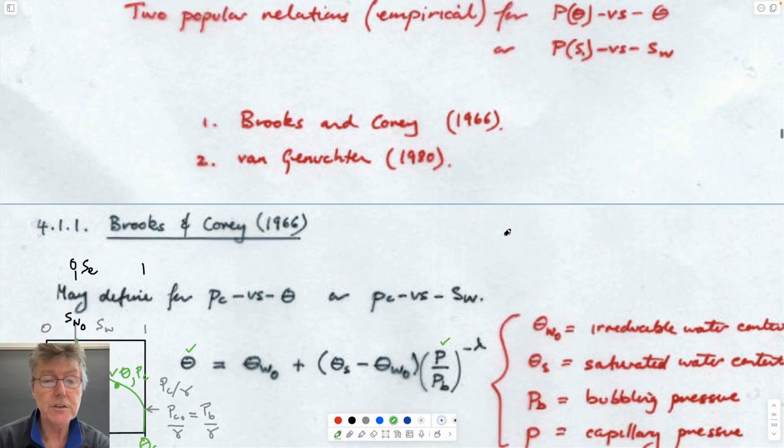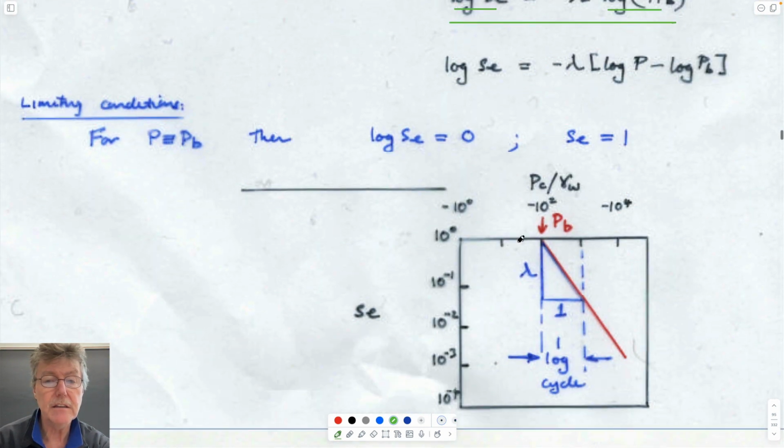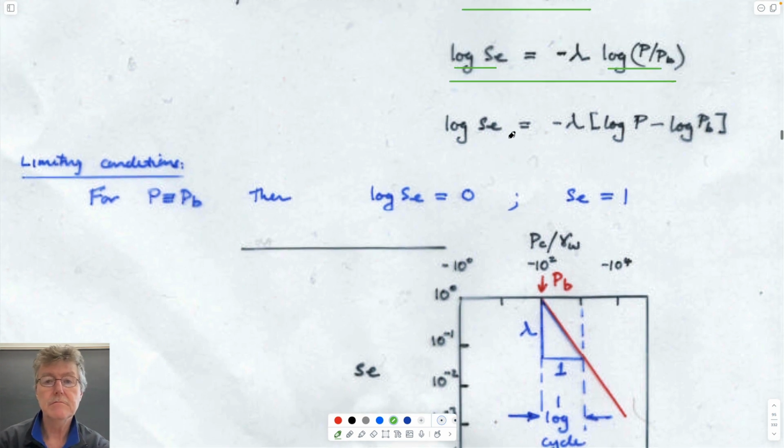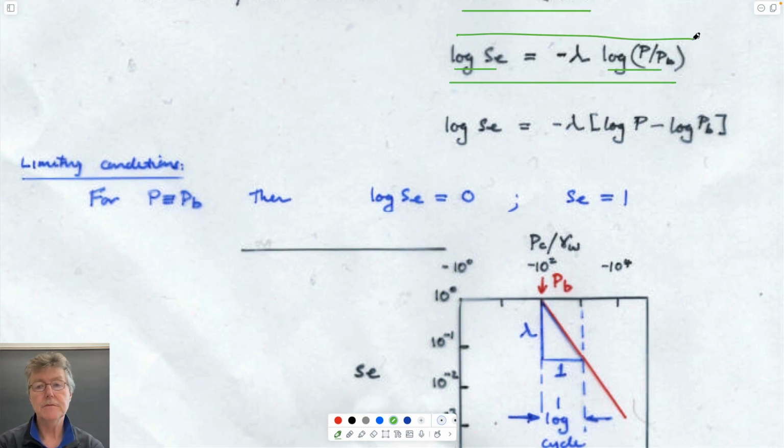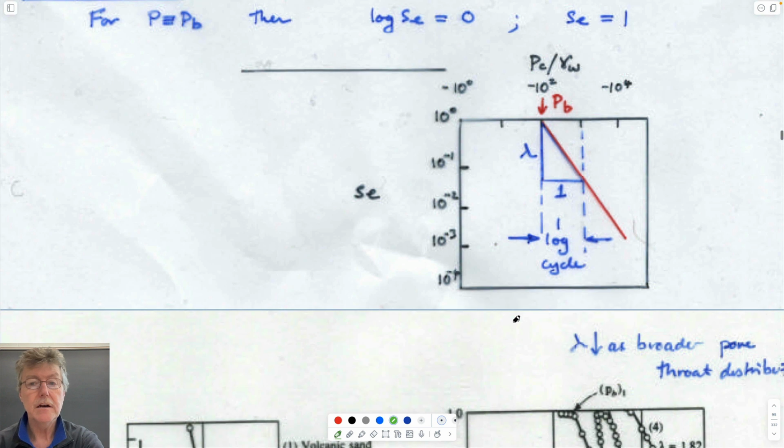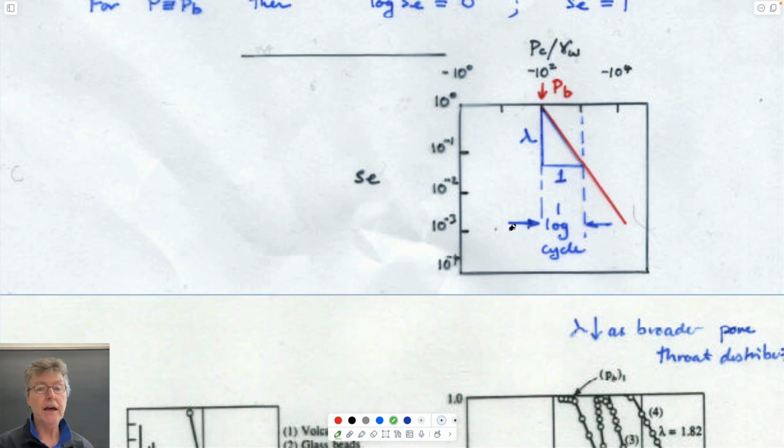So the Brooks-Corey relationship, which we mentioned, is exactly this term here, this box term. And it allows us to define the behavior, just written out in longhand.